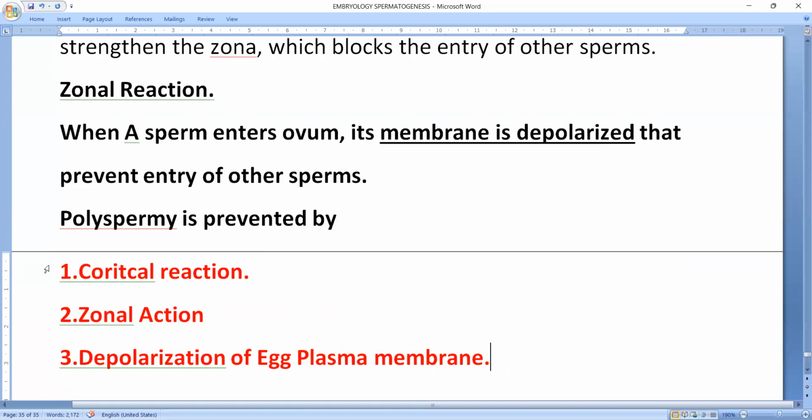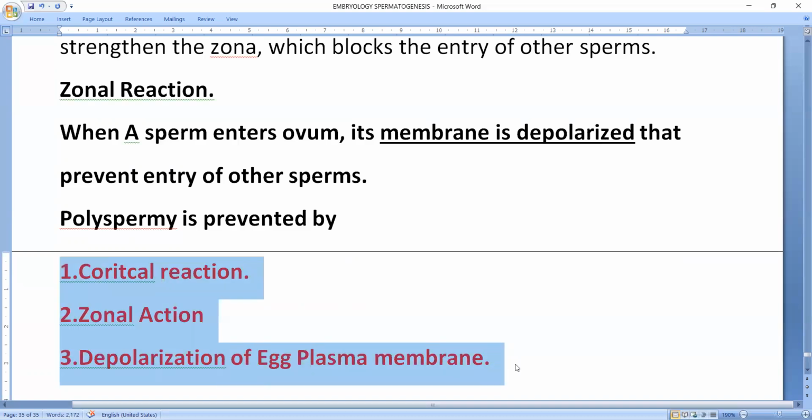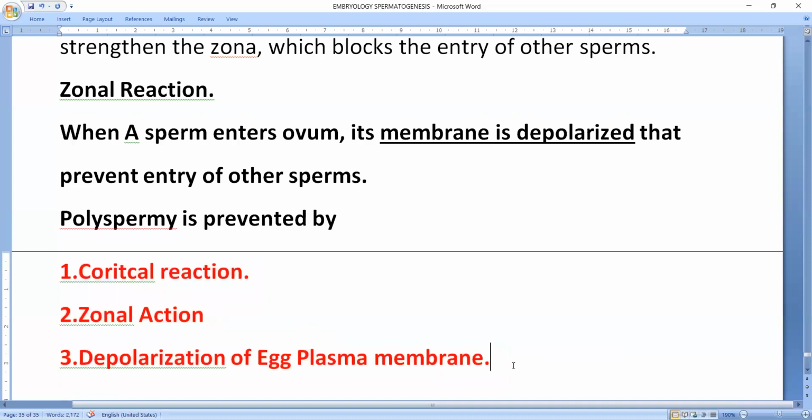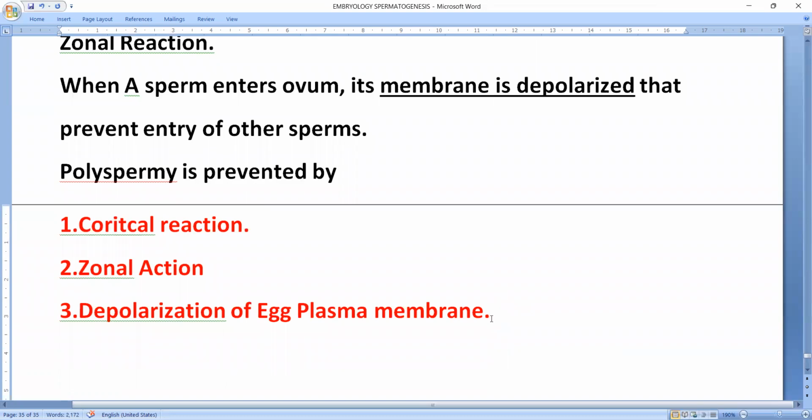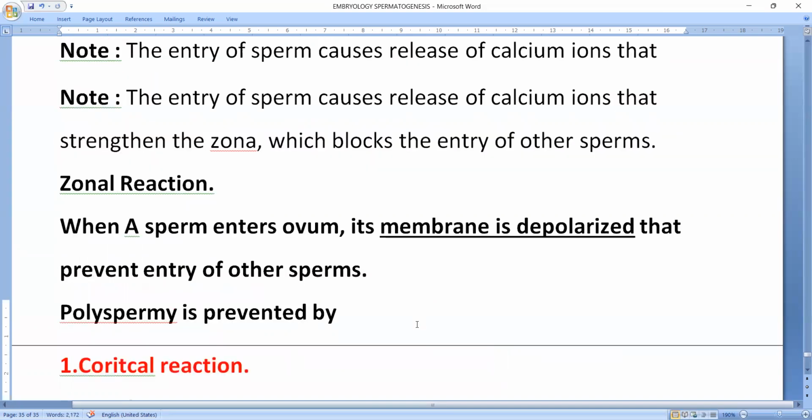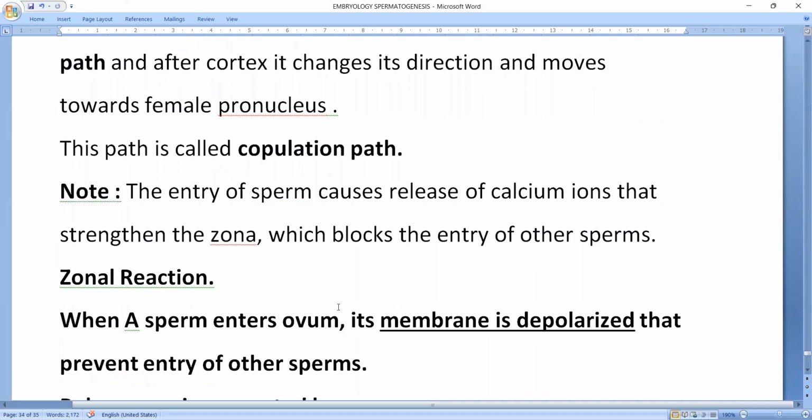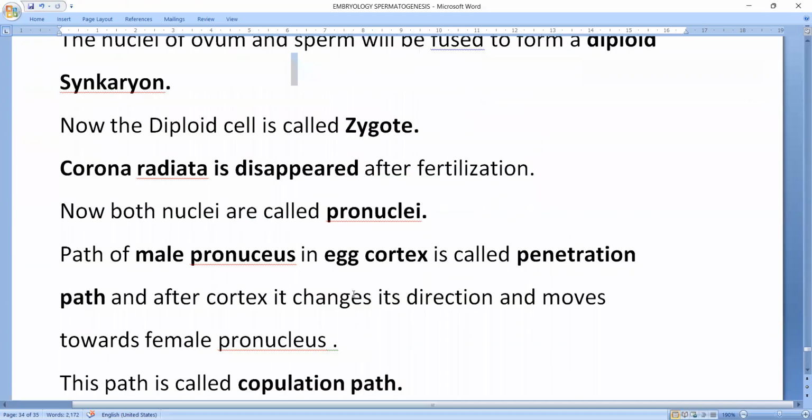సో ఇది ఇలాంటి క్వశ్చన్స్ మీకు సిఎస్ఐఆర్ లాంటి ఎగ్జామ్స్ లో అడుగుతుంది. కెపాసిటేషన్, ఓకే. సో దిస్ కార్టికల్ రియాక్షన్, డిపోలరైజేషన్, ఓకే. సో ఇలాంటివి ఎంబ్రియాలజీ నుంచి ఖచ్చితంగా ఒక 3-4 క్వశ్చన్స్ సిఎస్ఆర్ లో అడుగుతుంటారు. సో ఎనీవే, సో దిస్ ఈస్ ద ఫర్టిలైజేషన్ mechanism.